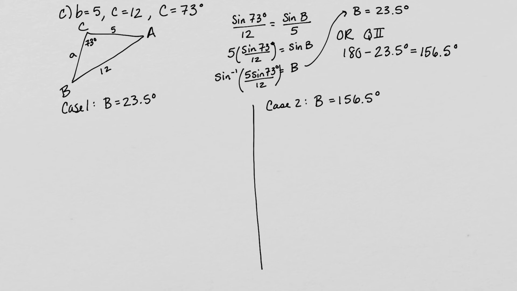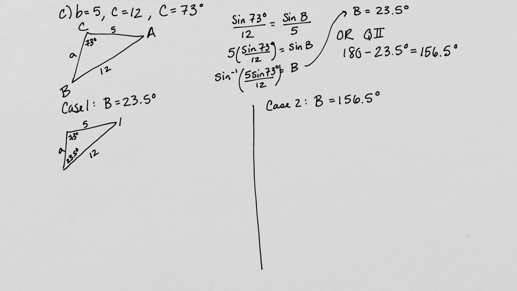Okay, so just like before, I'm going to draw a triangle, my case 1 triangle. In case 1, B is 23.5 degrees. C is still 73 degrees. This side's still 12, this side's still 5.